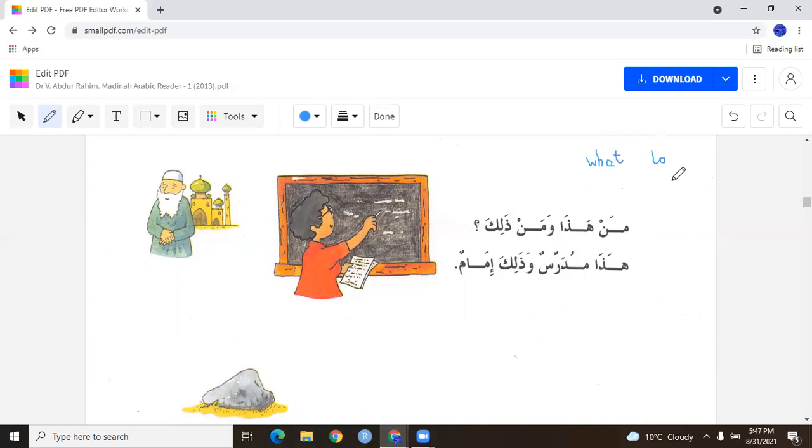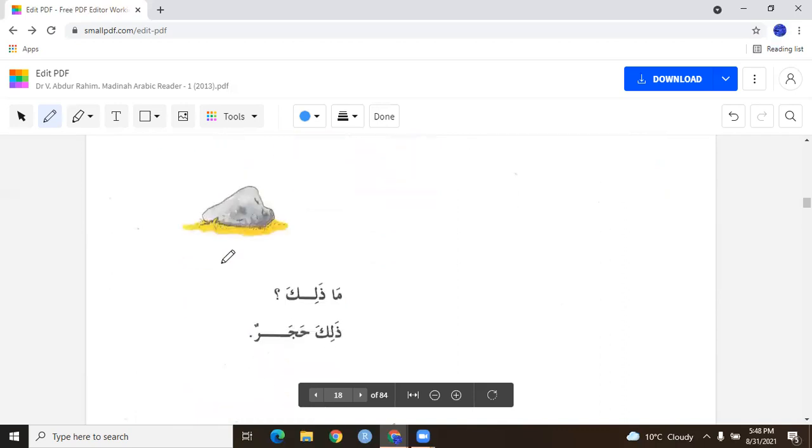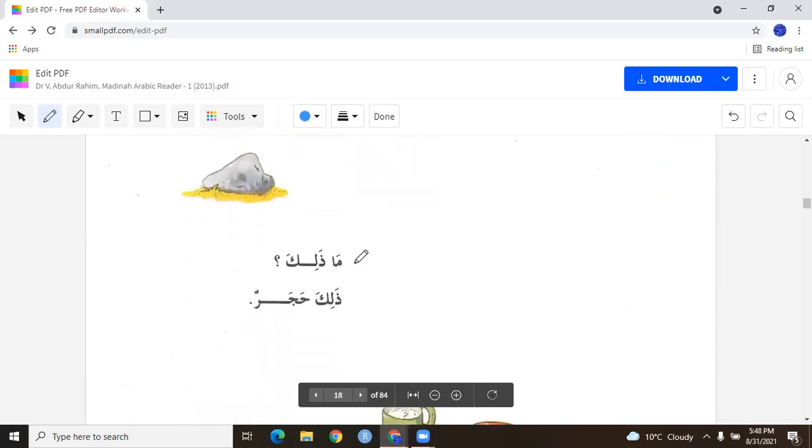So I need you to remember all of these words and this vocabulary, okay? So man is who? Who is this, the one that's closer? And who is that, that is farther away? So this is a teacher and that is an imam. Okay.